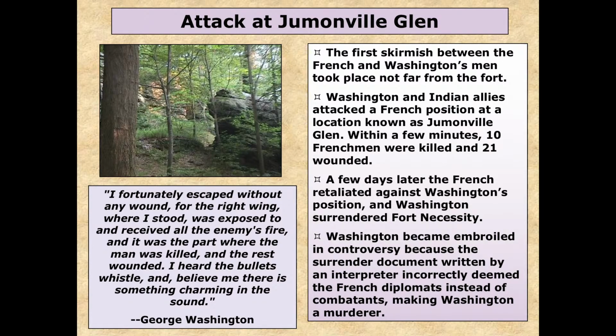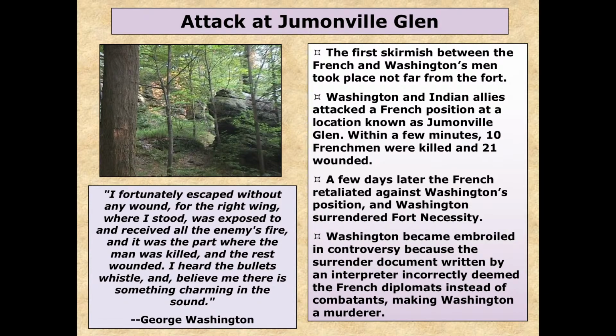And so, when you surrender something, you have to draw up surrender documents, okay? And unfortunately, the interpreter who was drawing up these documents made the mistake of saying that the British killed French diplomats, not combatants. That's a huge mistake, guys.